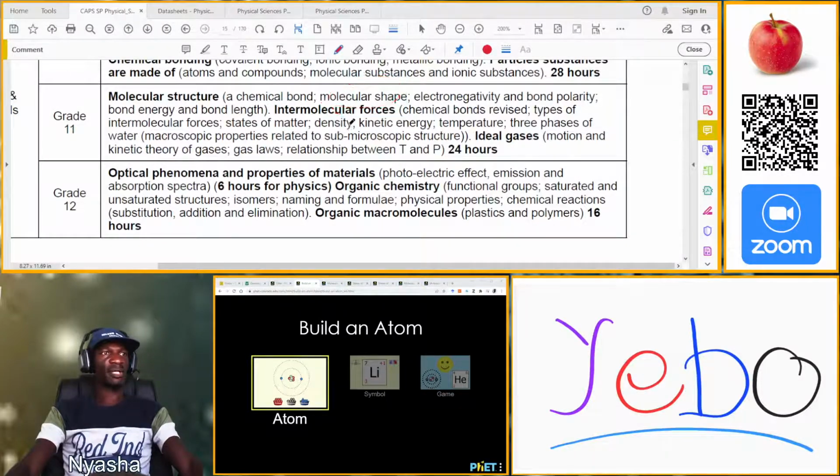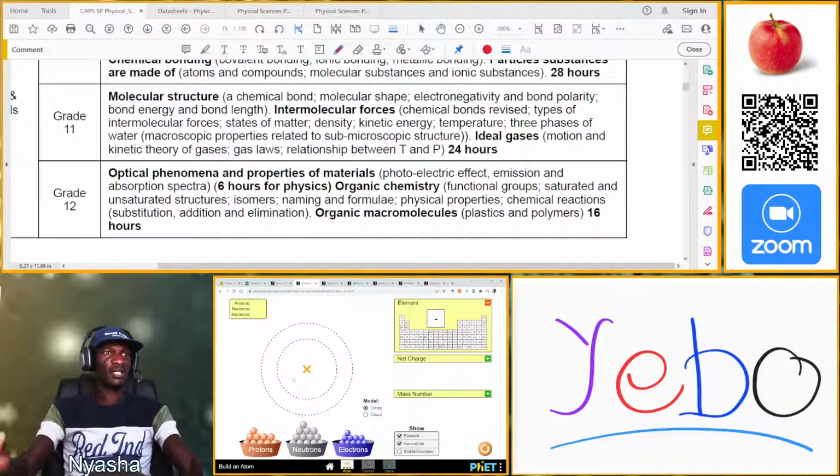If you are looking at molecular shape, first of all, you've got an atom that you build. So for example, we can just use one of the gizmos here to build an atom, right, to get the properties of an atom. So let's just build an atom and see what element it represents. For us to come up with some reasonable order of doing things, we can maybe look at the periodic table, but we'll blindly look at it.